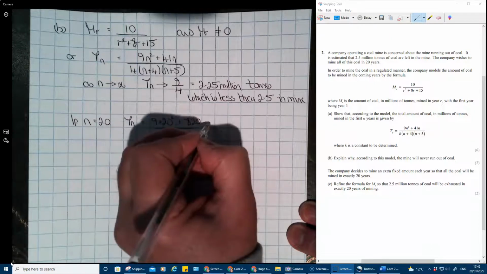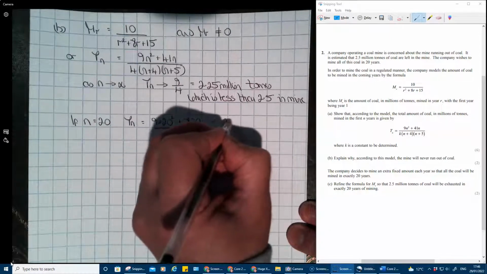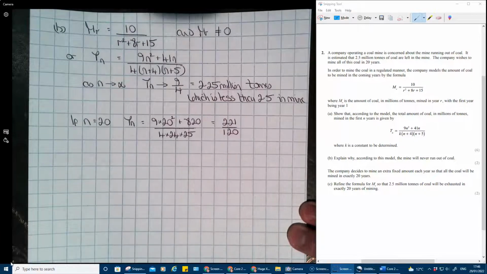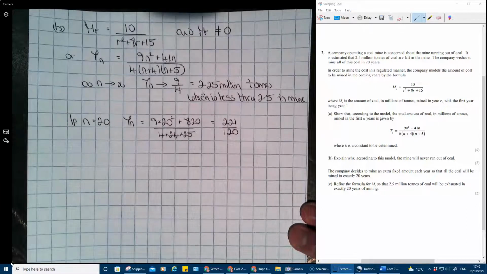Clearly do it on a calculator. So it's 221 over 120. That's how much has been mined after 20 years, in millions of tons.